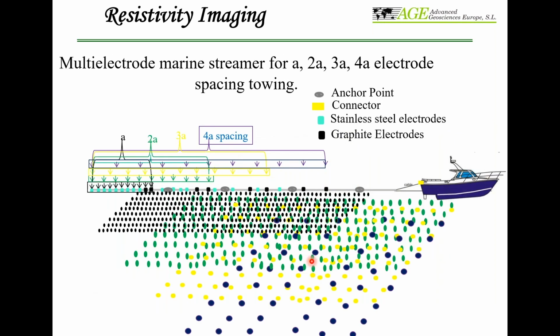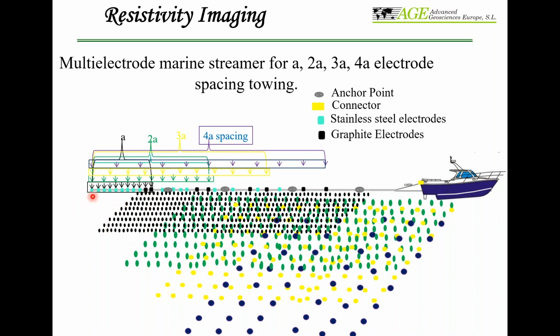What if you want to use a multi-electrode marine streamer? Here I made a sketch of a 1A electrode spacing, 2A, 3A, and 4A electrode spacing marine streamer. Here you can see 28 electrodes in total.